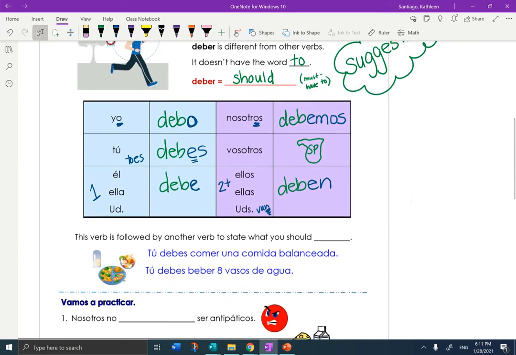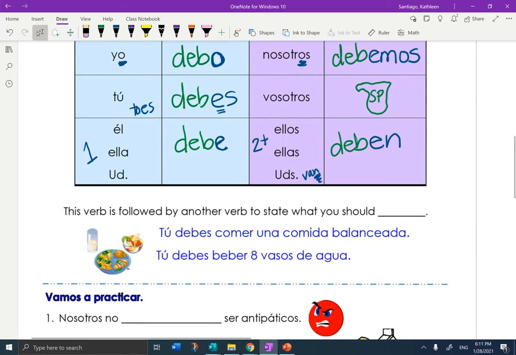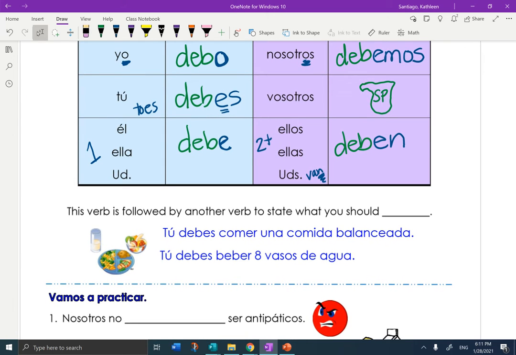Okay, muy bien. As you noticed in the video, this verb is followed by another verb to state what you should do, what activity you should do. Okay. Tú debes comer una comida balanceada. Tú debes beber 8 vasos de agua. Notice that deber is conjugated to match the person doing the action, and then it's followed by another verb.